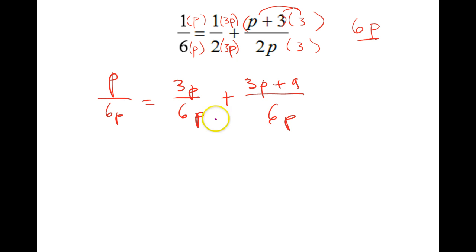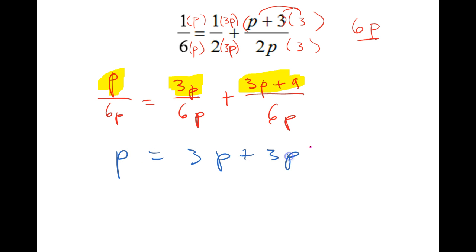So now that we have a common denominator, the only thing we need to focus on here is going to be the numerators. So now we can just say p has to equal 3p plus 3p plus 9. And I'm solving this linear equation. So 3p plus 3p would give me 6p plus 9.